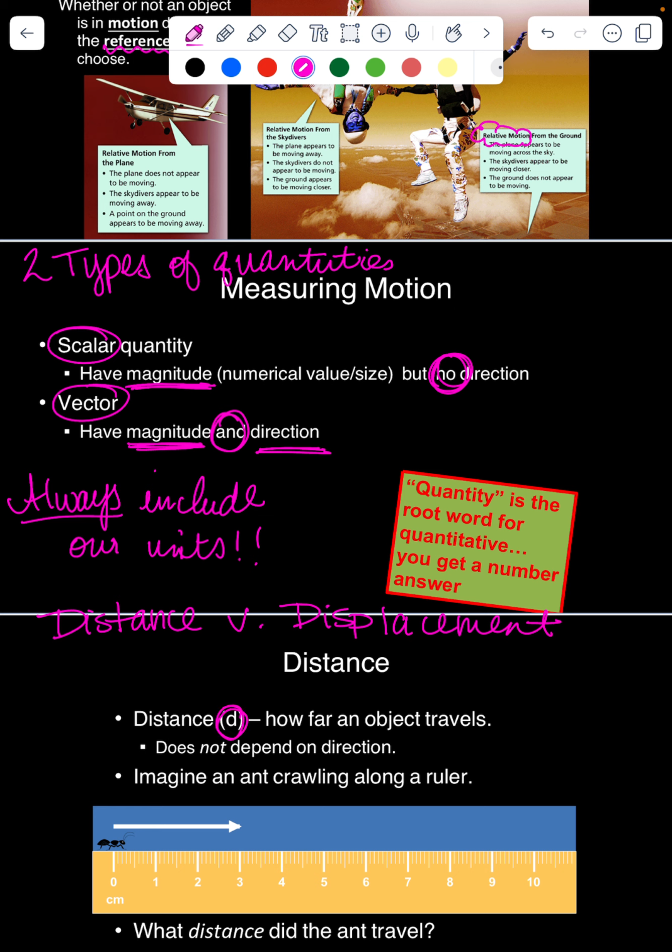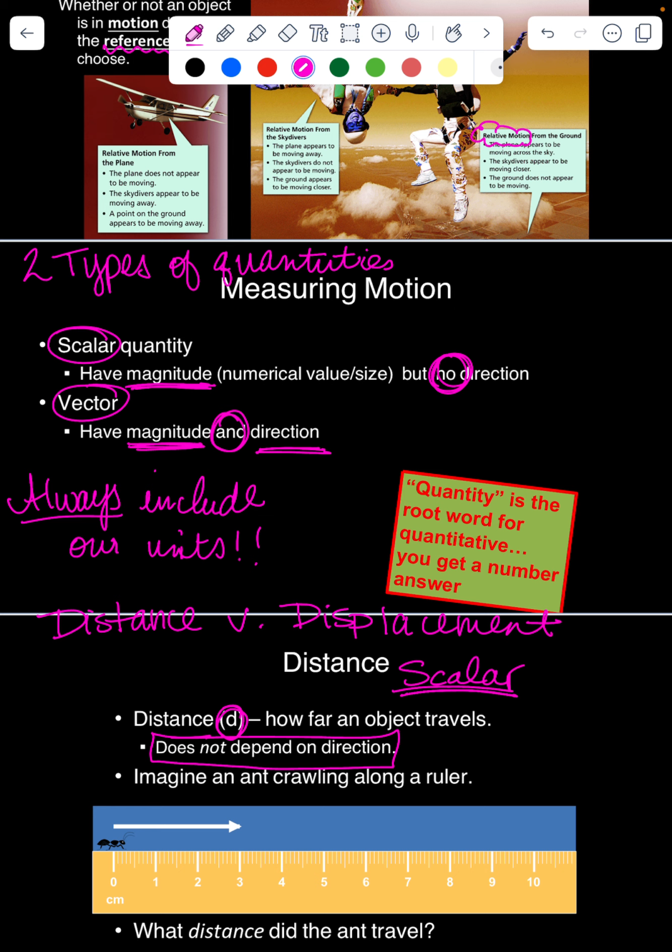We have our lowercase d, that's the symbol that we use for distance, and it's just how far an object travels. Distance is a scalar quantity. It does not depend on direction.